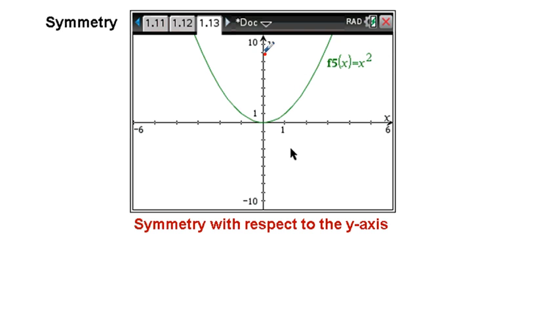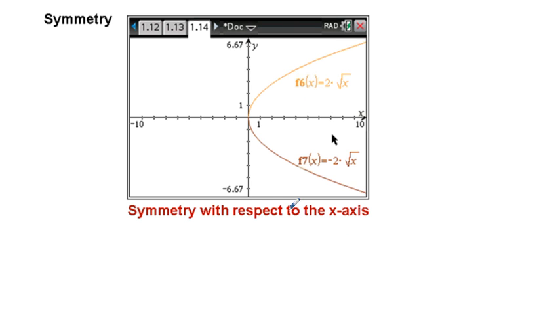We have symmetry with respect to the y-axis, because if we draw like this red line I'm drawing here, this function reflects perfectly about the y-axis. We also say this is an example of an even function. We're going to get to that later. If functions reflect about the y-axis, they are said to be even functions.